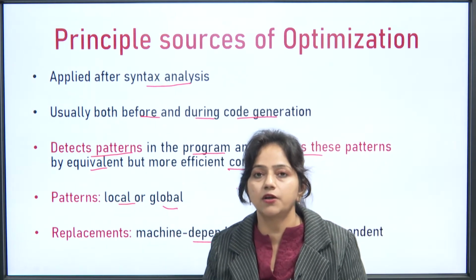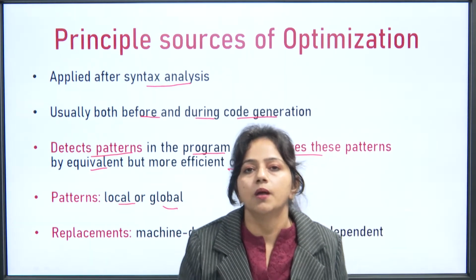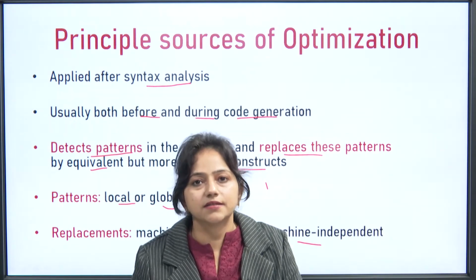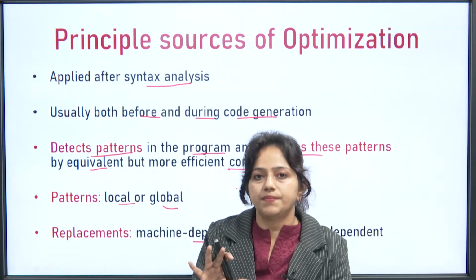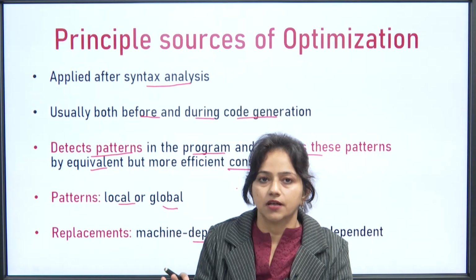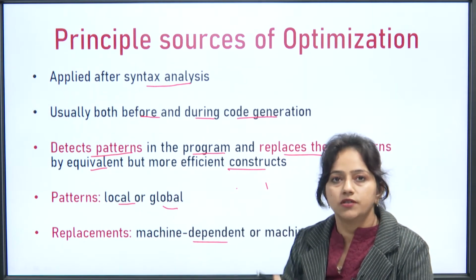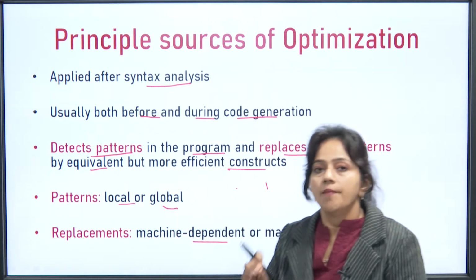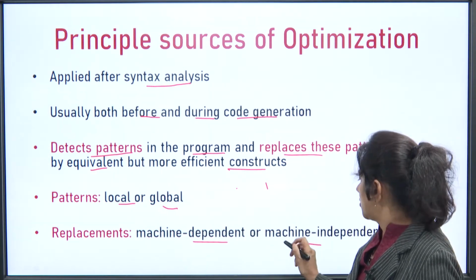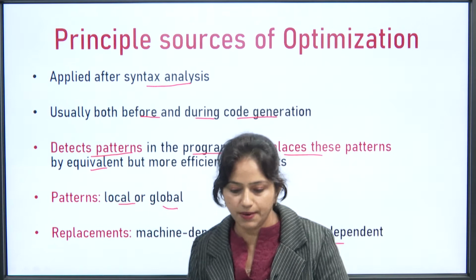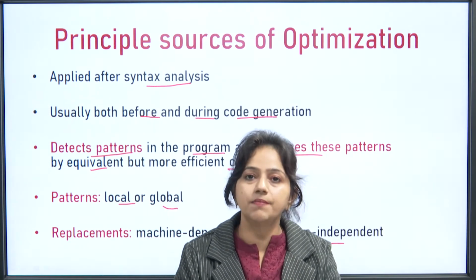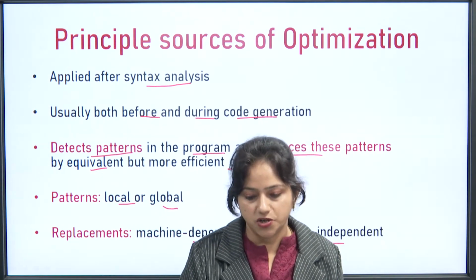Independent means independent of the architecture or the processor or the operating system that we are using. The machine independent optimization will be generic in nature, while here the machine dependent optimization will be specific in nature. So, in today's class we will focus on machine independent optimization. But these optimization techniques can be applied to the dependent version also.